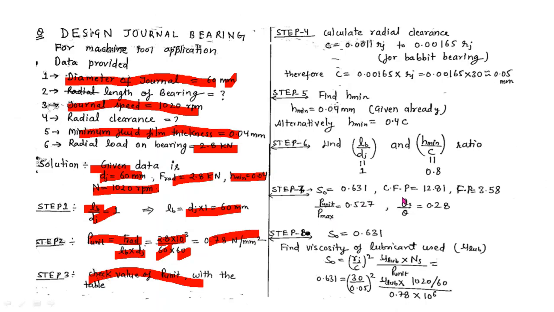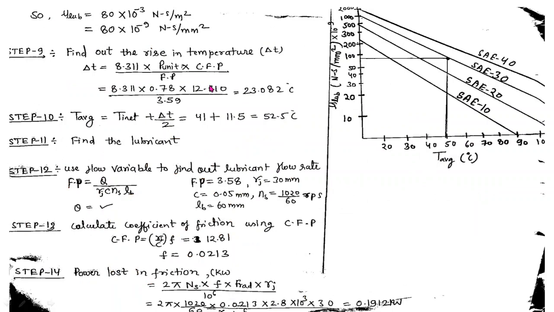Okay friend, this is CFP and this is FP. So we will put the values of CFP and FP from step number 7 into step number 9, and we will take the value of unit bearing pressure from step number 2 as 0.78, and we will calculate the value of delta T as 23.082 degrees Celsius.